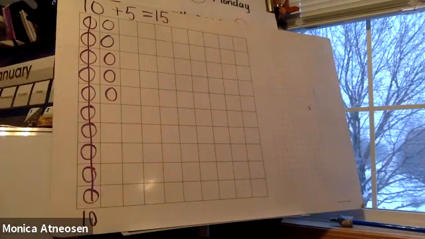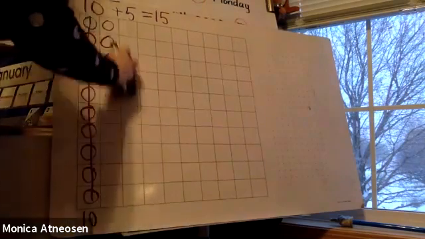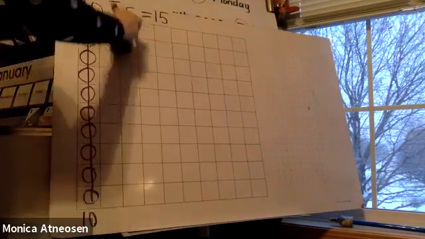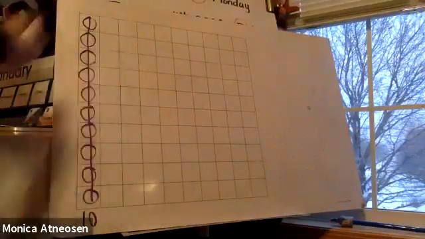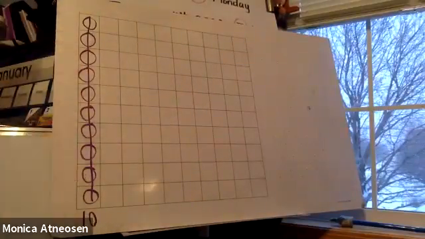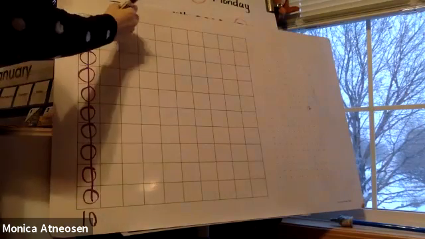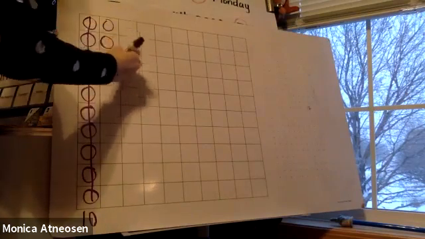Okay, I'm going to leave my group of 10, and I'm going to erase my circles. Put my eraser here, and we're going to change it to a new equation. I'm going to keep my group of 10, and this time I'm going to draw 8 circles.